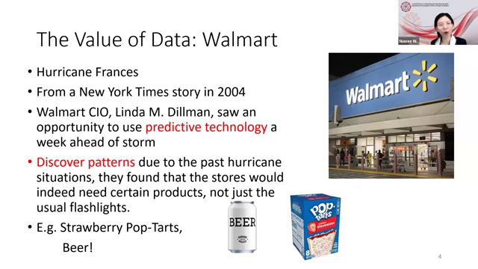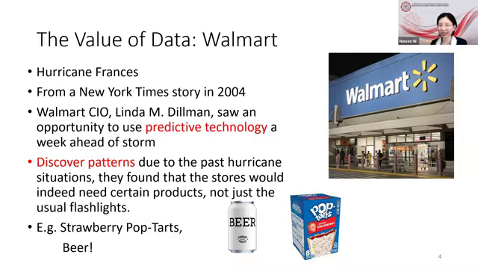Another thing is strawberry Pop Tarts, things like this, things that can be eaten without needing cooking. So they claim that strawberry Pop Tart sales rise 7 times more than in usual circumstances.